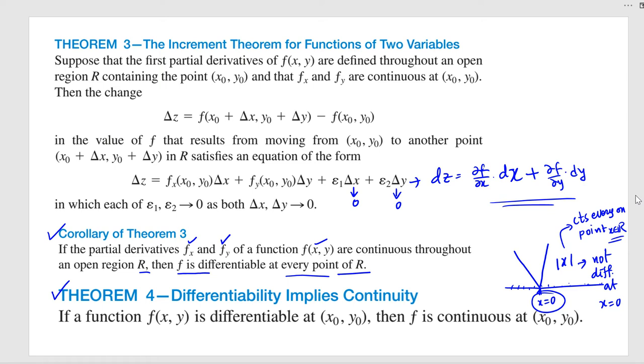So continuity does not imply differentiability, but differentiability definitely implies the continuity.